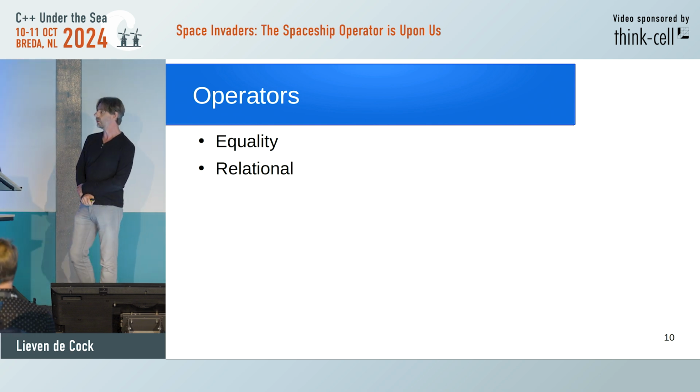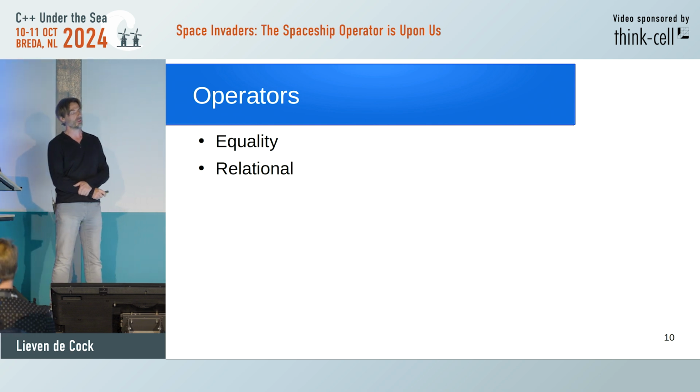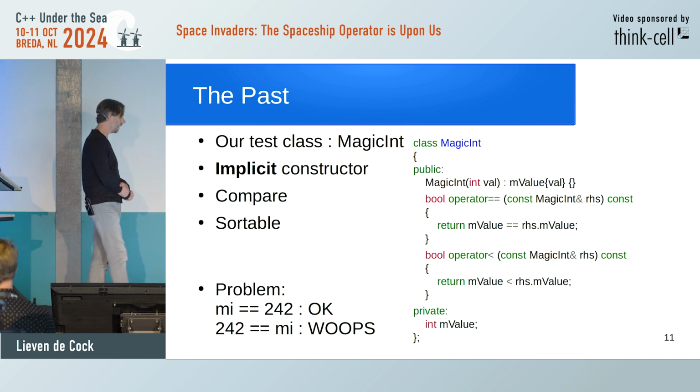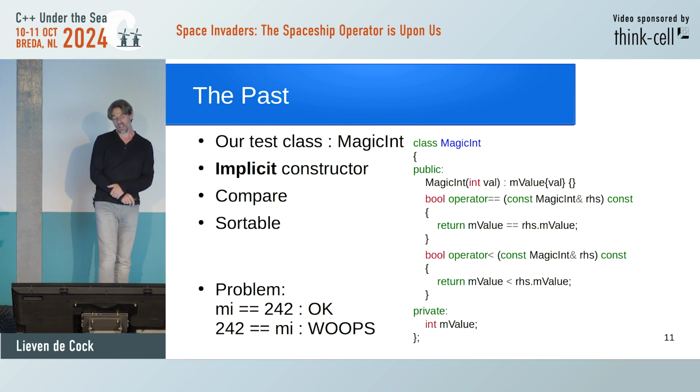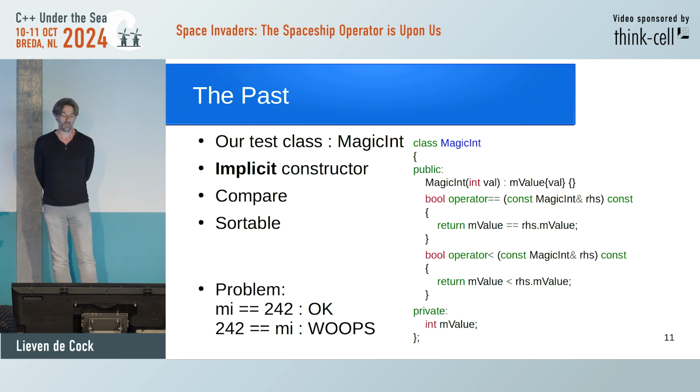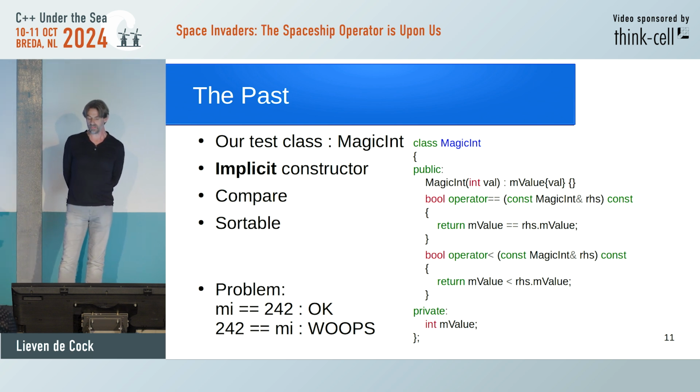Operators. You have the equality operators, but you also have the relational operators. So, how did it work in the past? Let's imagine we create a class MagicInt, which encapsulates an integer. In case we want to be able to compare it, we write the compare operator, which takes the other thing to compare to.